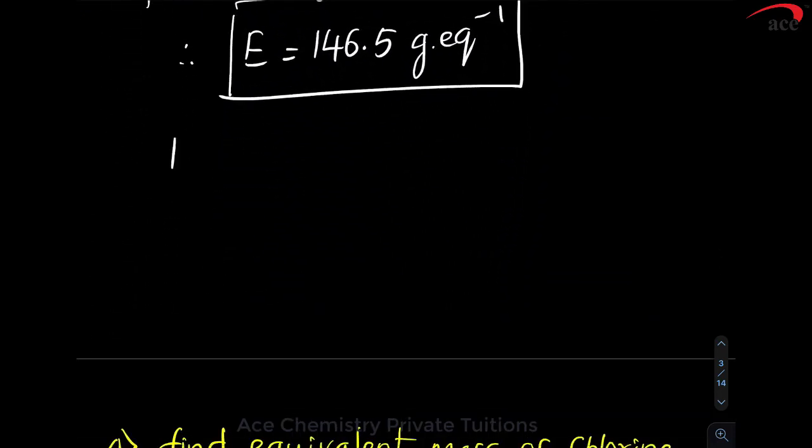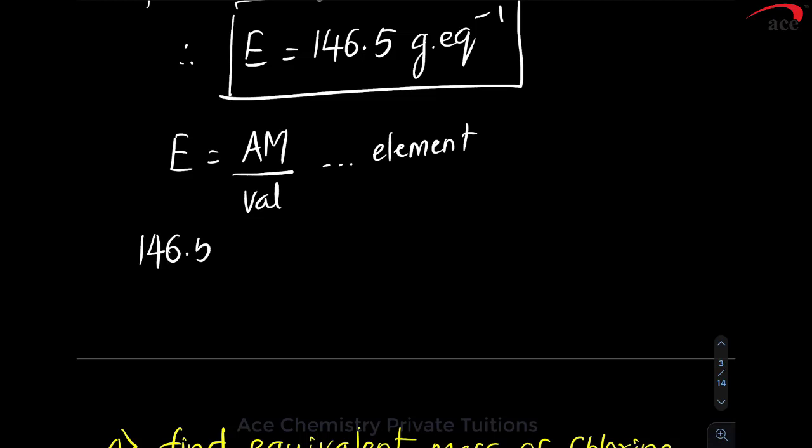Now, there was one more task we forgot. Atomic mass is also asked. So we know equivalent mass is atomic mass upon valency for an element. So equivalent mass is 146.5. Atomic mass we don't know. Valency is 2 because we have said dipositive.